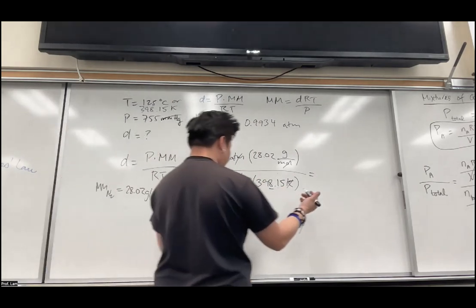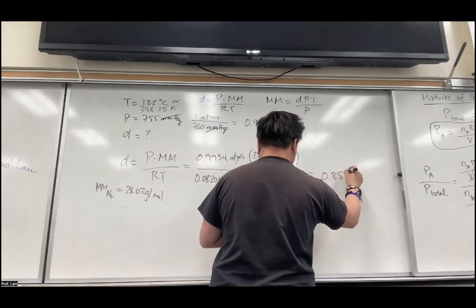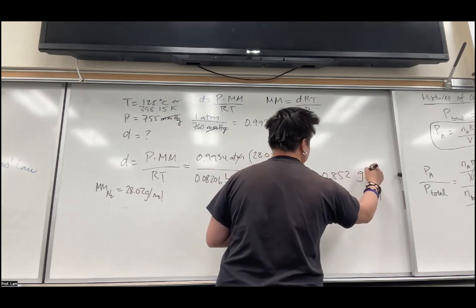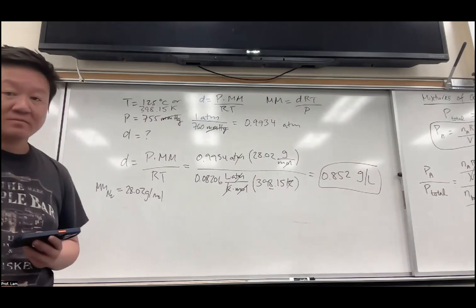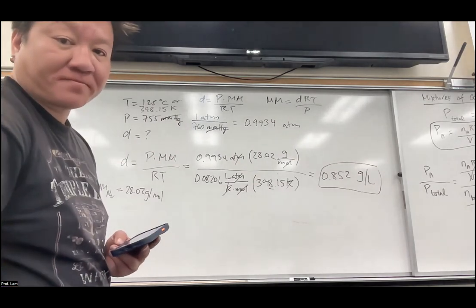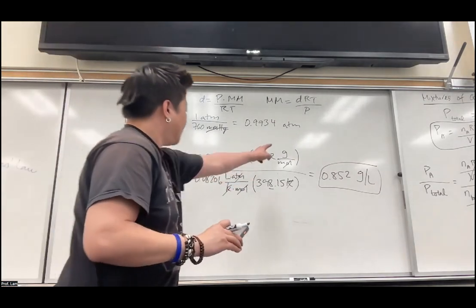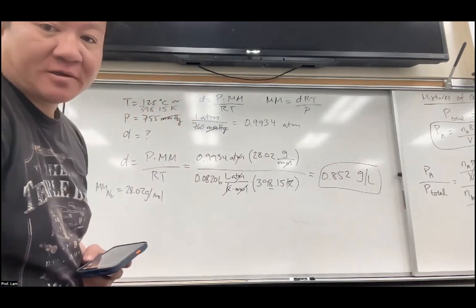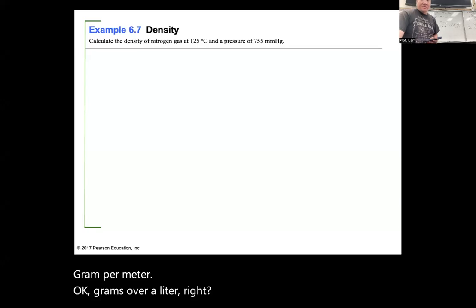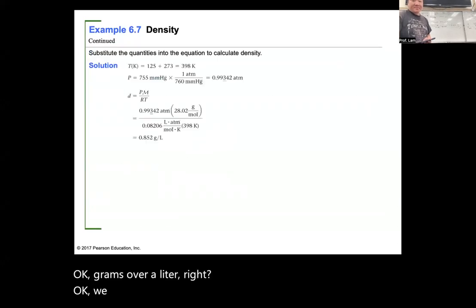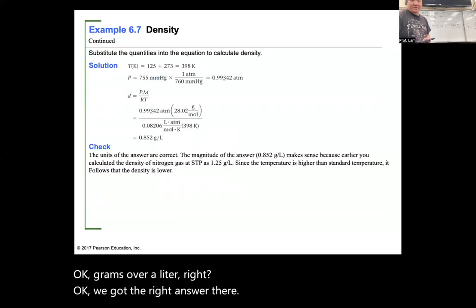So 3 sig figs, 0.852 grams per liter is the density. Grams over liter. See if we got the right answer there. Yay.